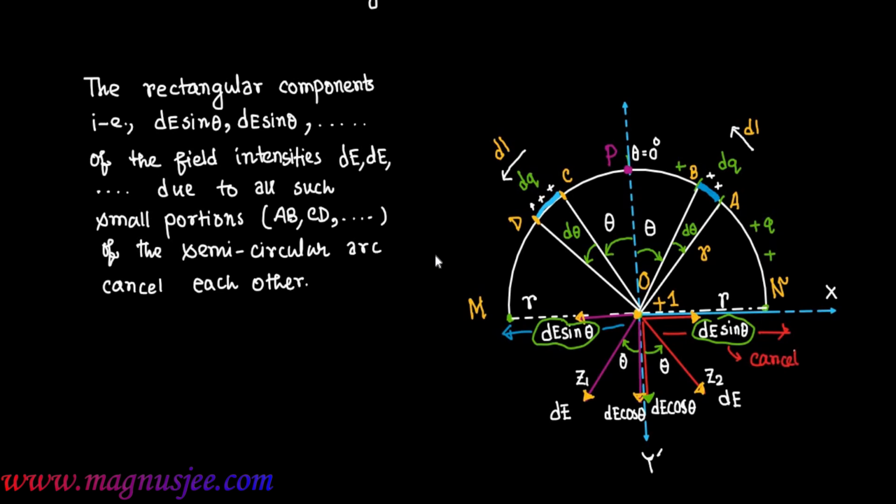That means this dE sinθ acting towards right cancels the effect of another dE sinθ acting towards left.